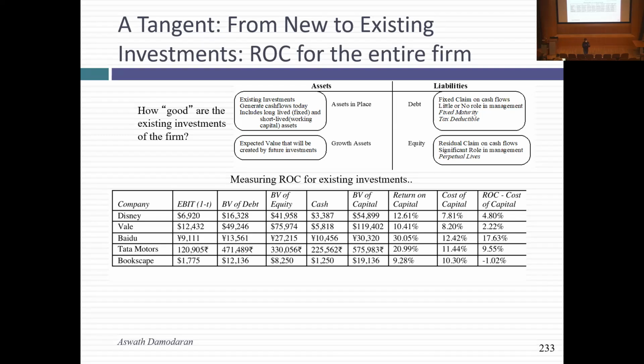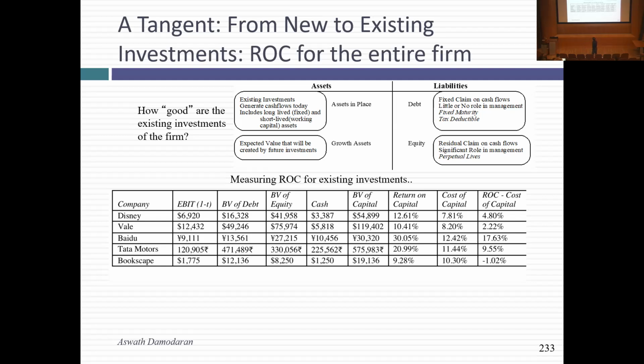But because I don't want to add up the book values of individual projects, it's too messy, I take the total book value of debt and the total book value of equity. I add them up and then I subtract out cash. Why do I subtract out cash? Because that cash is not invested in projects per se. It's generating a fair rate of return invested in T-bills or commercial paper. Book value of equity plus book value of debt minus cash is called invested capital.